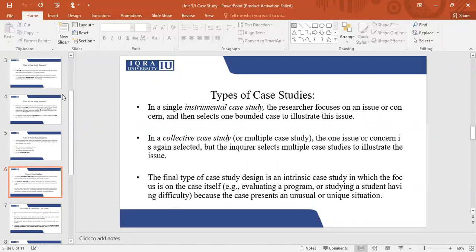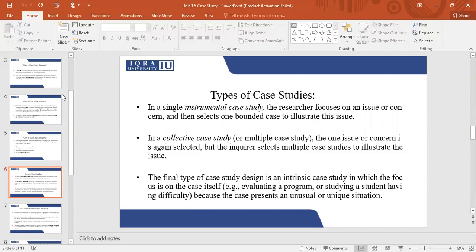Then when we talk about the intrinsic case study, you'll be focusing on the case, you will be focusing on the particular program, you'll be focusing on a particular person in that. So a case within a case, you could say, will be your intrinsic case study, which can be on an unusual or a unique situation.